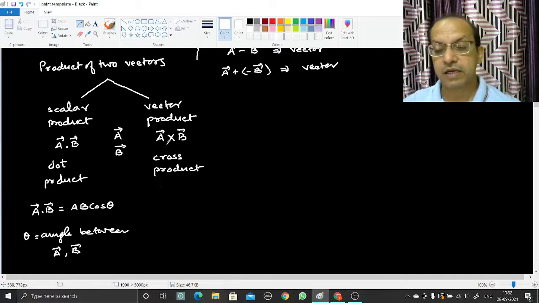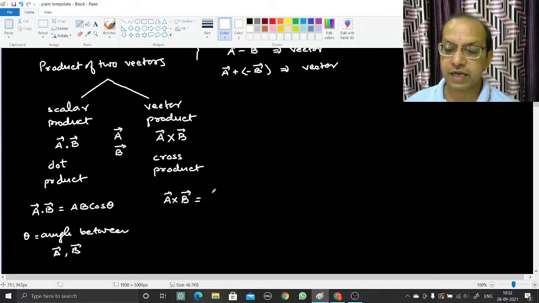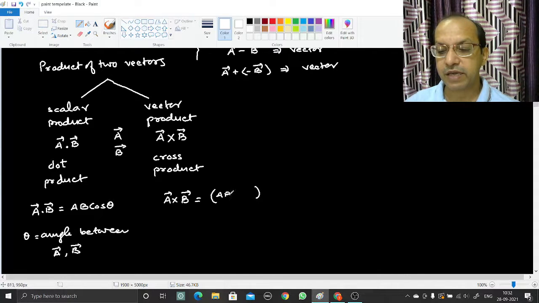Here, A cross B will give a vector quantity. It will have two parts, the magnitude and a unit vector. The magnitude will be AB sine theta, and the unit vector in this direction will be n cap. That means it will have the direction and unit vector.